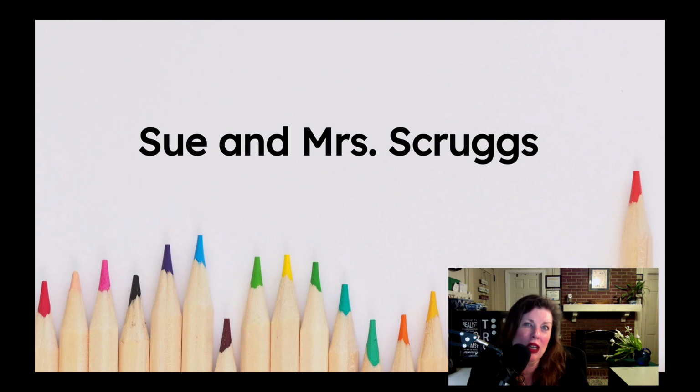So Miss Scruggs came up behind Sue and tapped her on the shoulder and said, "Sue, I need to talk to you." And Sue said, "Well, I can't miss the bus. Mom can't drive into town to get me today." And so Miss Scruggs says, "No, I'm not going to make you late. The bus will be leaving in about 15, 20 minutes. This will take about 5." So Sue thought she was in trouble, because that's kind of what happens with us teachers sometimes, and followed Miss Scruggs back to her room.